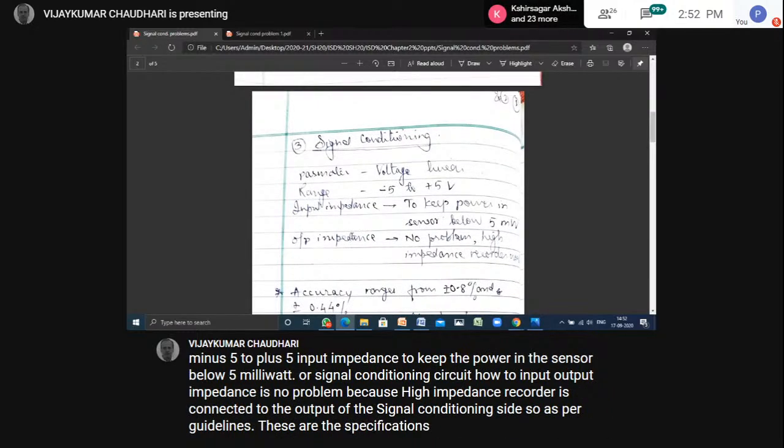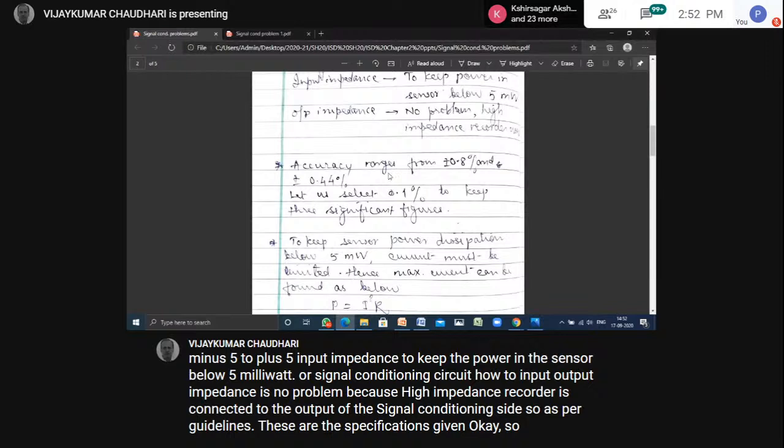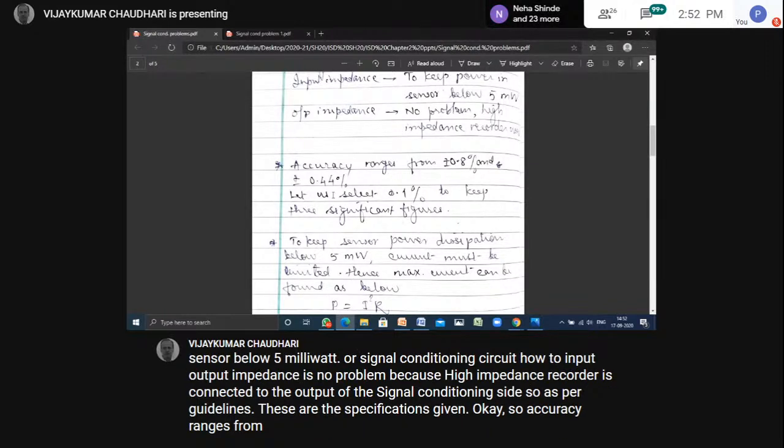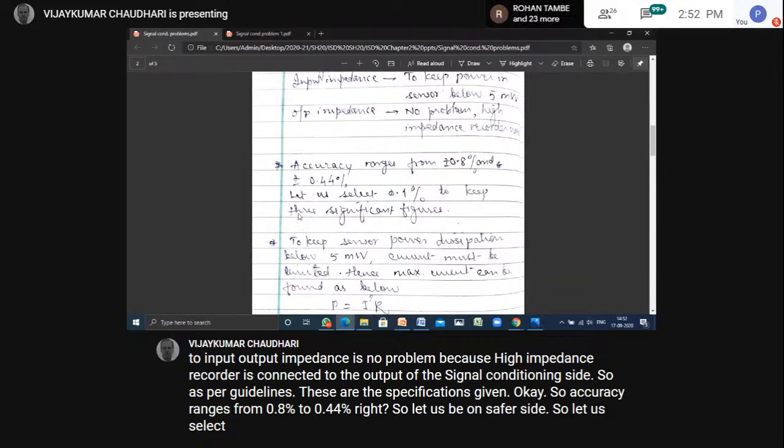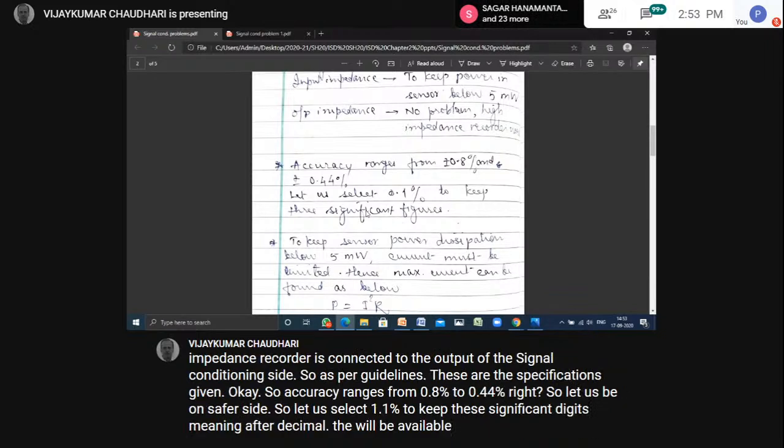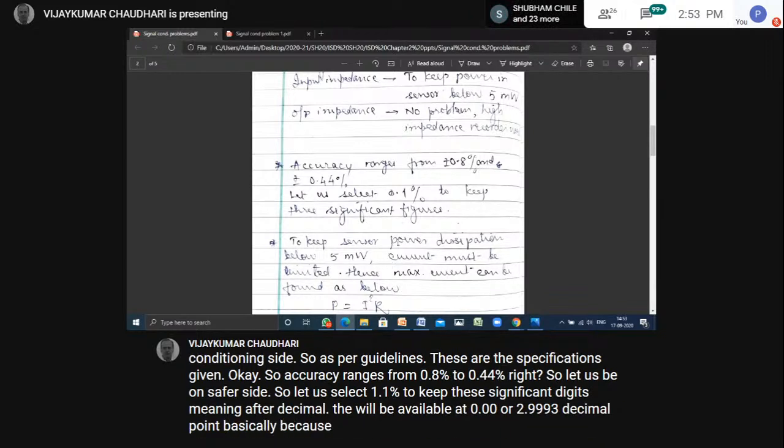Accuracy ranges from 0.8% to 0.44%. Let us be on the safer side and select 0.1% to keep three significant digits, meaning 3 decimal points, from 0.000 to 0.999.